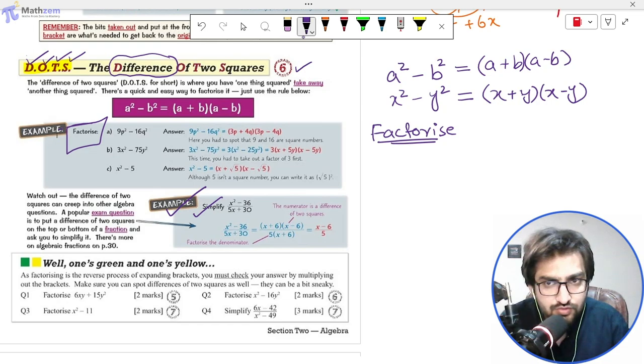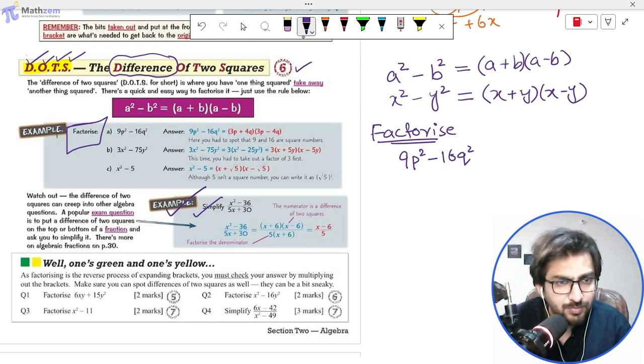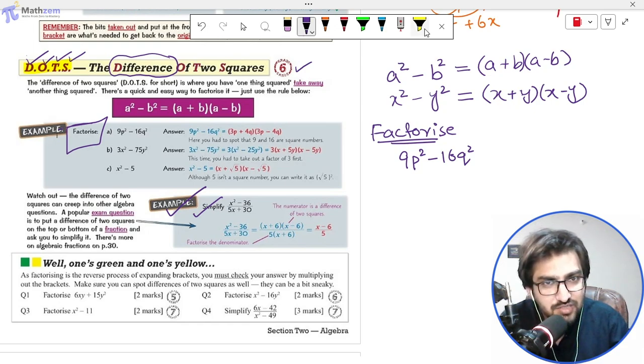Let me write the question: 9p square minus 16q square. You might be thinking that 9p square minus 16q square is something else from what I have explained, which is a square minus b square. By the way, that is a formula.